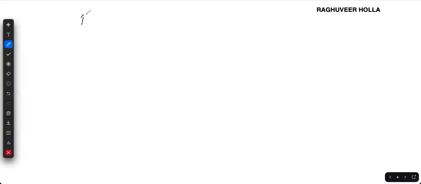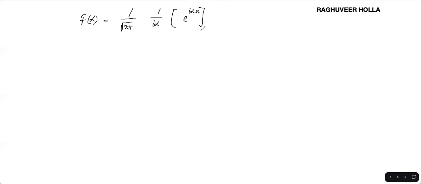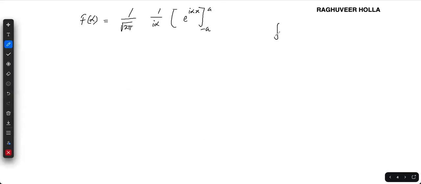So what we have is f of alpha, which is 1 by root 2 pi, integral of e to the power of I alpha x, right? So integrating it, you get e to the power of I alpha x, and this is e to the power of mx dx, which is e to the power of mx by m.